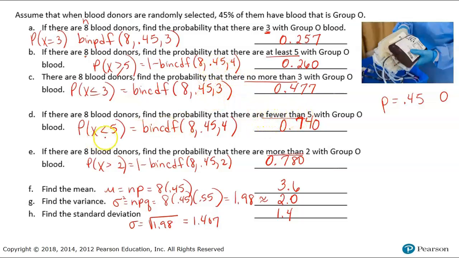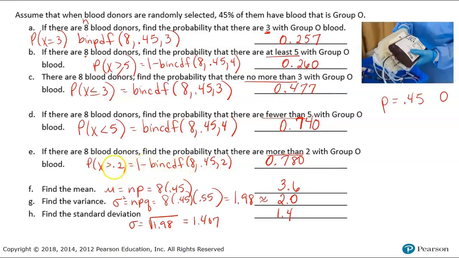Here, fewer than 5 will be less than 5. So no 1 minus out here because it's not a greater than problem. But we do need to stop at 1 short of getting all the way to 5. So we need to stop it at 4. Okay. Here, more than 2 would be strictly greater than 2, so we would do 1 minus for the problem.